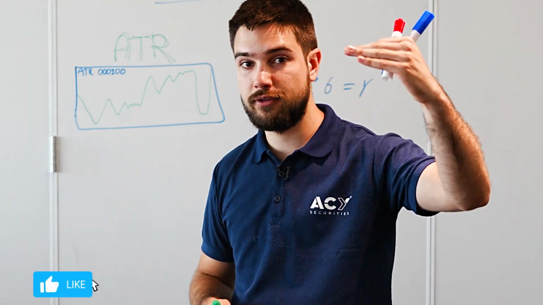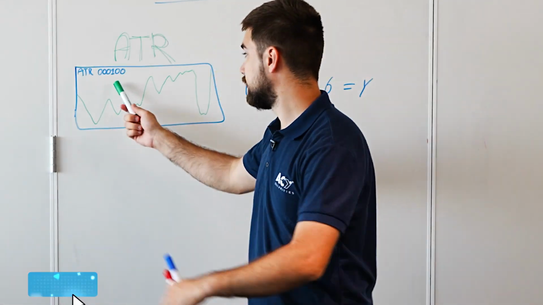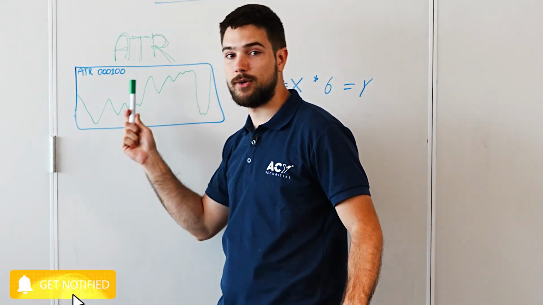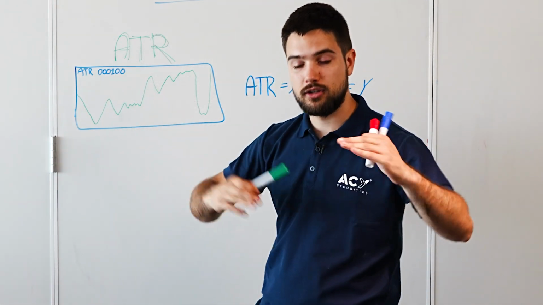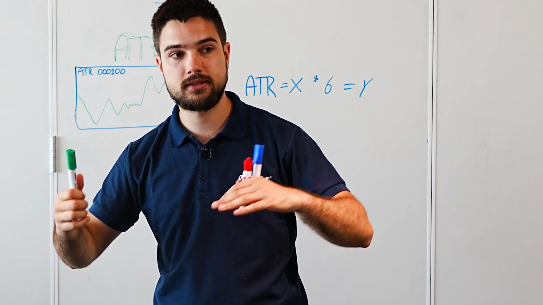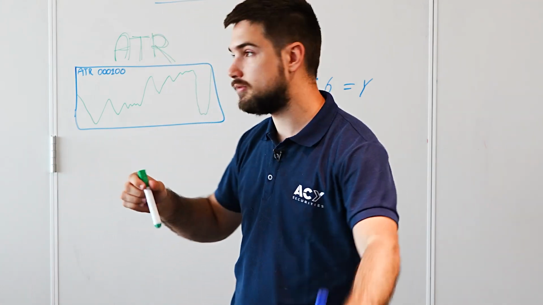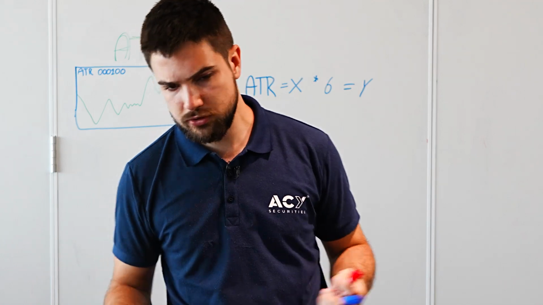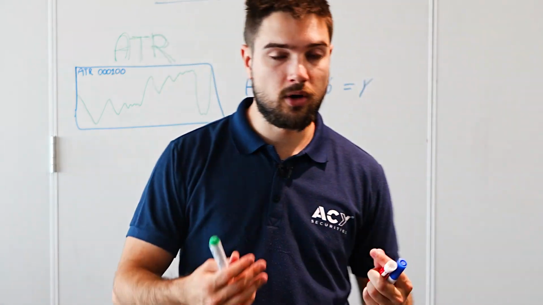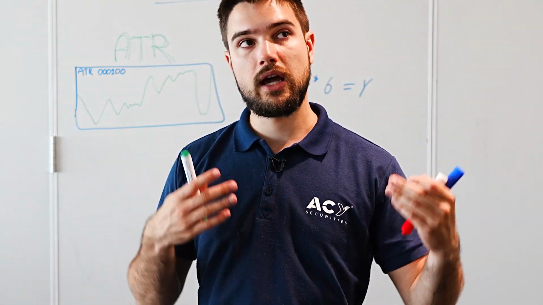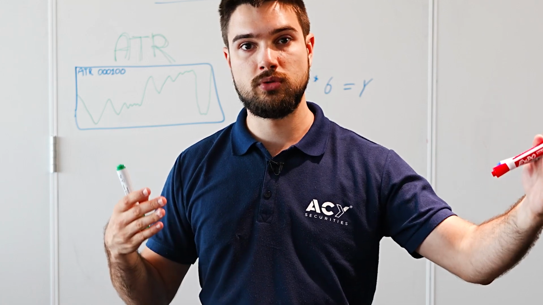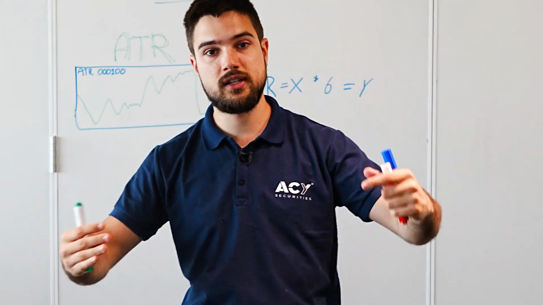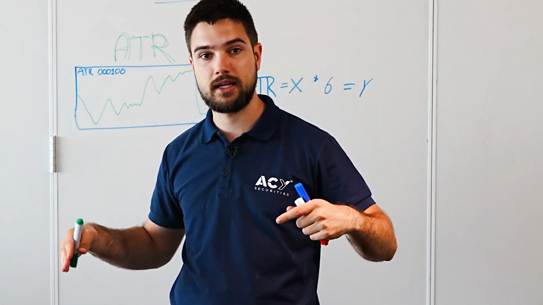And if you want to trade on the 4 hour, this may be higher. If you want to trade on the 1 hour, this may be lower. If you want to trade on the 5 minute, this should be lower, and then it goes from there. And if you want to trade on the 1 minute, that should be even lower. It doesn't matter what time frame you use, because the ATR will give the volatility-adjusted movements of the market at the moment.